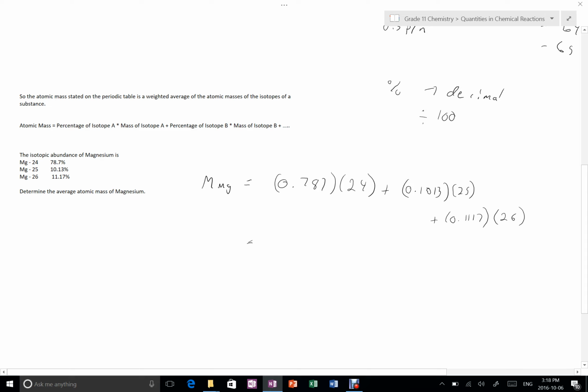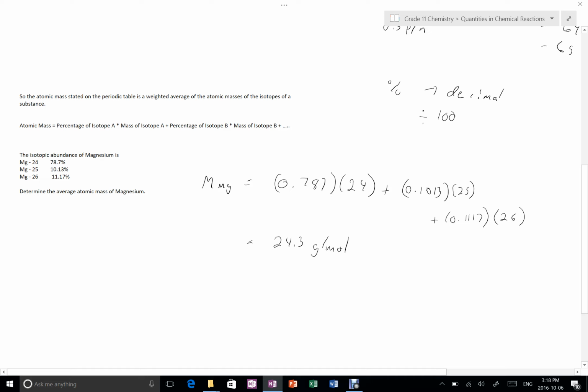And so my weighted average for the mass of an average mole of magnesium works out to be, just punch it in my calculator here, 24.3 grams per mole.